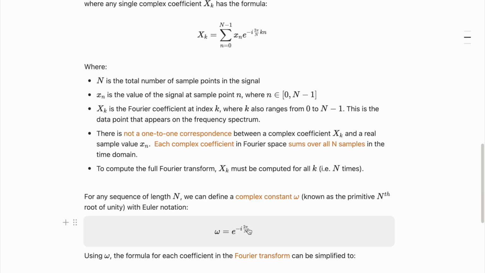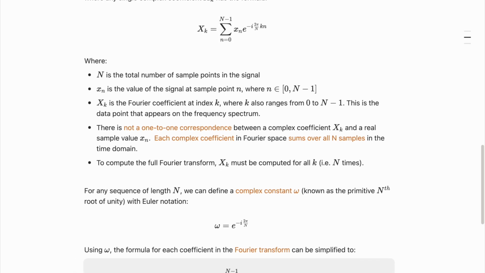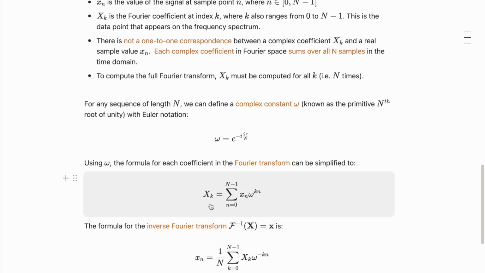N is a constant, pi is a constant, i is a constant. This whole thing is a constant. It has a name. It's called the primitive nth root of unity. So if we define omega in this way and substitute it in this equation, that simplifies our equation to this. And this is the form of the one-dimensional Fourier transform that you will see everywhere. And this is the form that helps us code it.